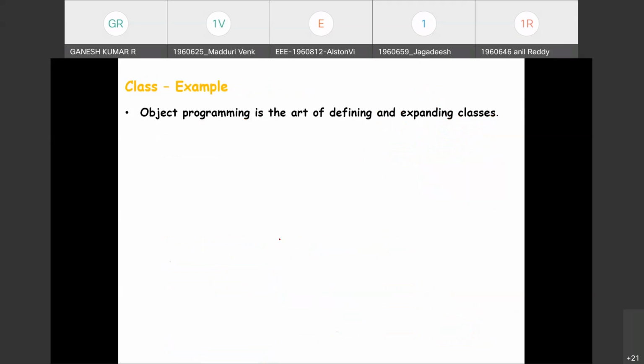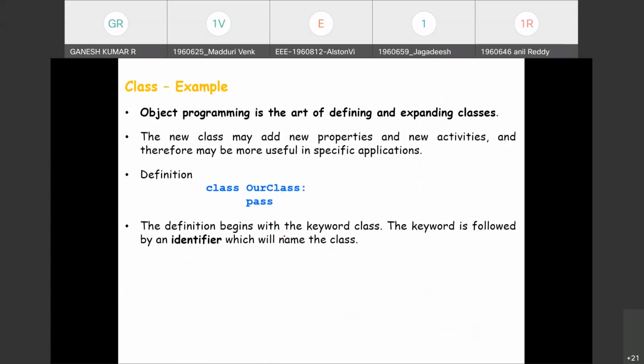We have another example. Object programming is an art of defining and expanding classes. A class is defined by starting with the keyword class. It's a predetermined, reserved keyword followed by the name of the class, finally ended with a colon. Then we have the class block, which is similar to an if structure.